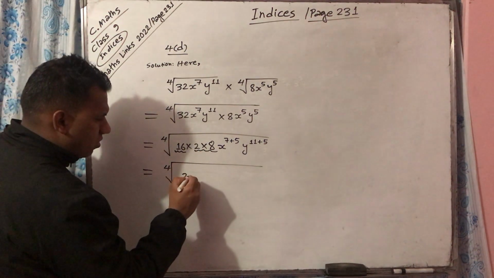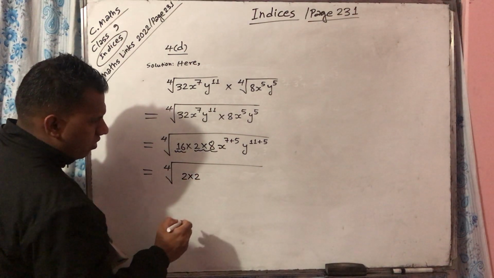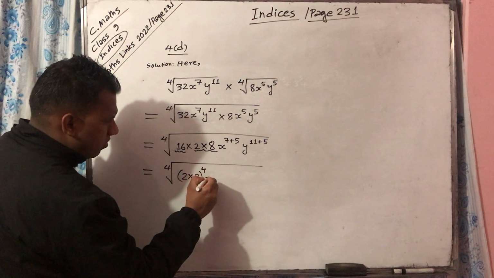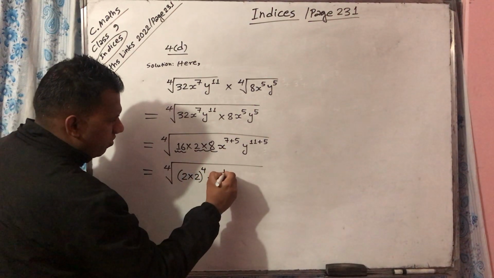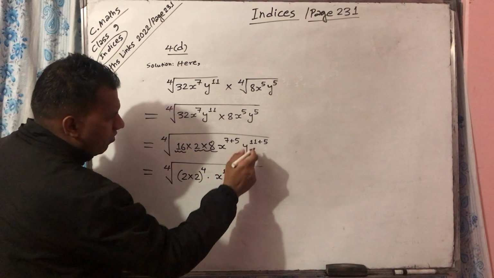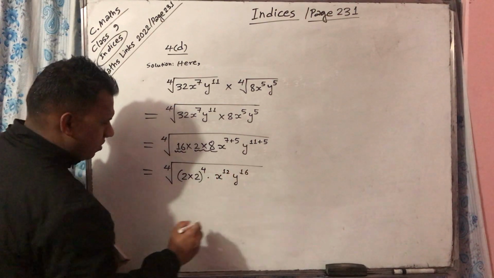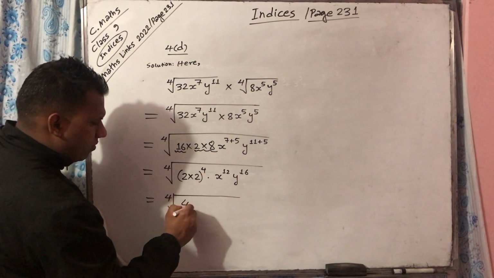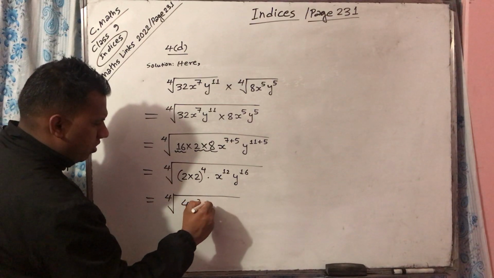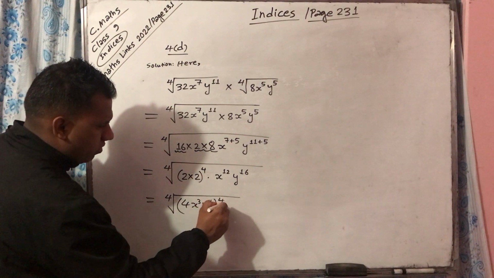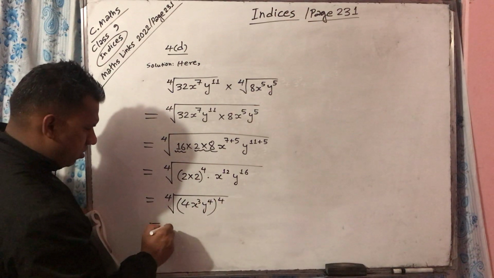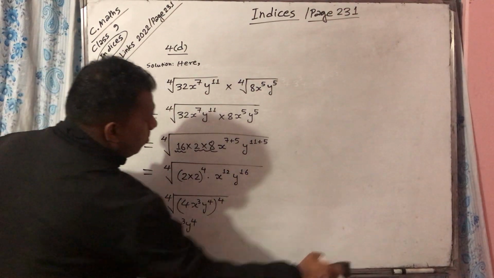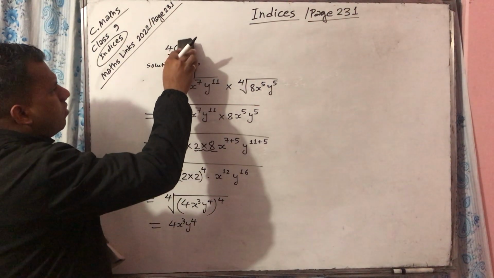So 2 times 2 whole power 4, x to the power 7 plus 5, 12, y to the power 11 plus 5, 16. This equals to fourth root of 2 to the 4 x cube y to the power 4, its whole power 4. So the answer is 4x cube y to the power 4. Now students, we go to the next question, 4E.